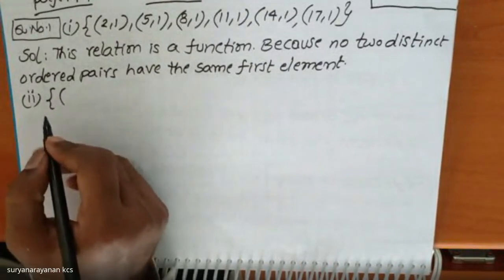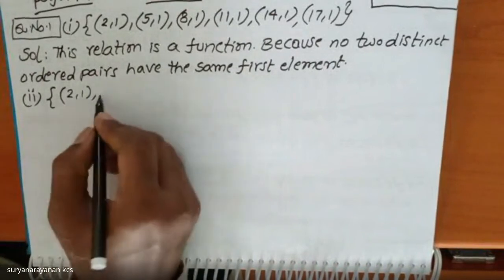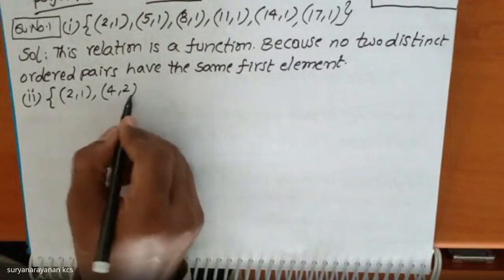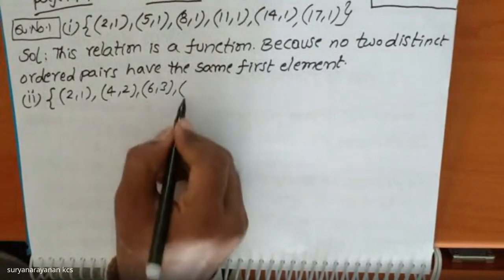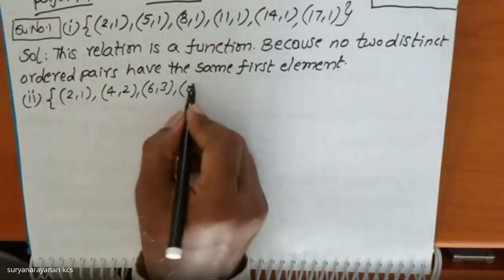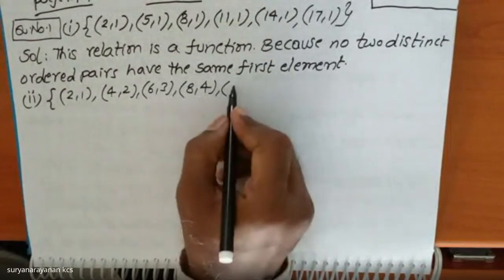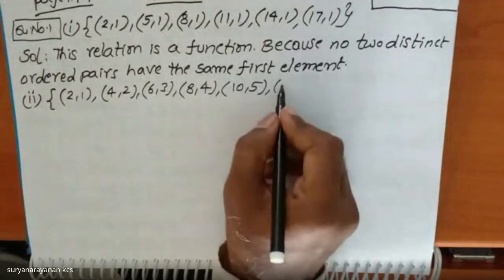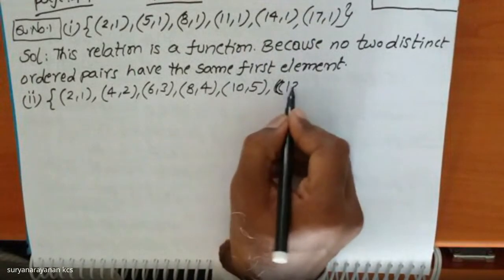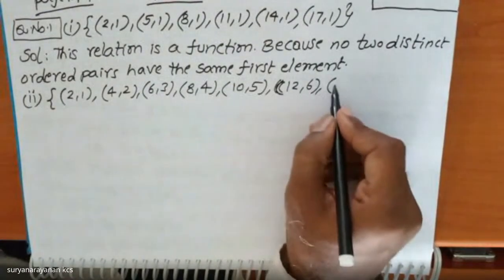Now come to the second one: set of ordered pairs (2, 1), (4, 2), (6, 3), (8, 4), (10, 5), (12, 6), (14, 7).